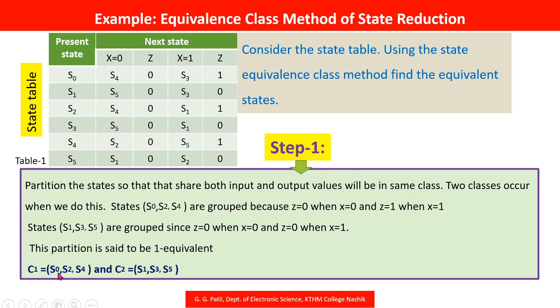Whatever the states S0, S2, S4 will be there, instead of these three states, we have to write C1 in the one equivalency next class table, and for states S1, S3 and S5 we shall write C2. So S0, S2, S4 has to be replaced by C1 and S1, S3, S5 has to be replaced by C2.